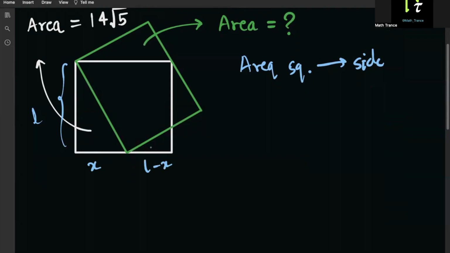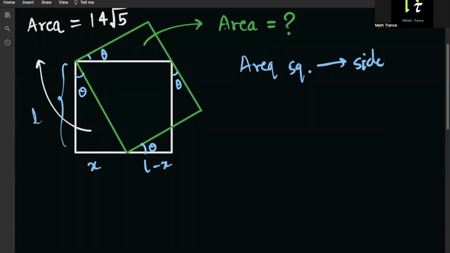And then using similarity, if this is angle theta, similarity is one way to go about it. If this is theta, then obviously this is theta, because these 4 points are concyclic. That is one way to see it, or you can use the right angles. And then if this is theta and this is theta, therefore this must also be theta. You can easily see it or prove it by yourself.